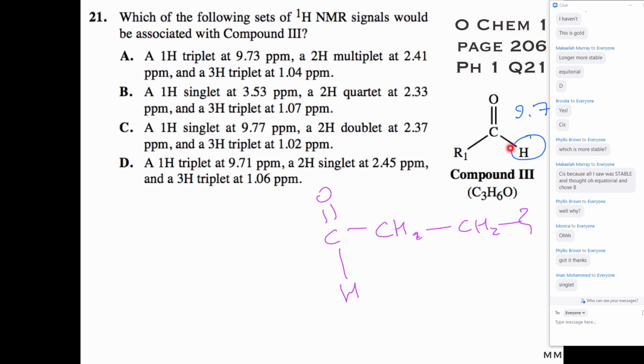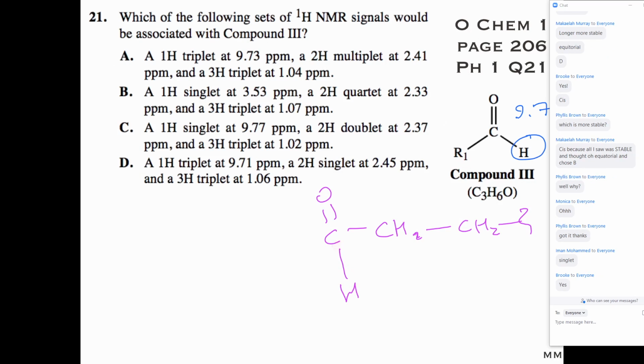An aldehyde is not necessarily a singlet. It doesn't couple well, but it is still, if you agree, an H on this carbon, and its neighbor has 2. So this is actually going to be a triplet. The betrayal, exactly. Because we are so used to thinking of carbonyls like ketones that break it into 2 R groups, but it actually is still a neighbor.